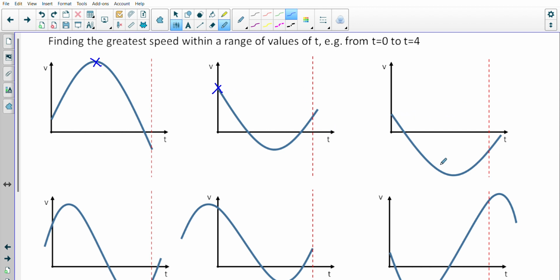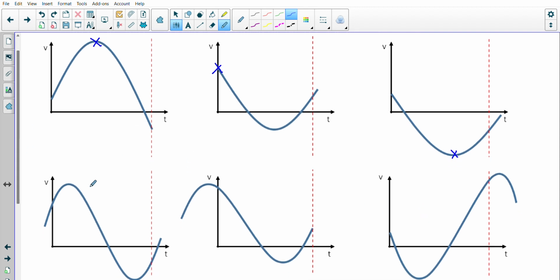For this one, t is 0 is there, t is 4 is there. So I'm thinking here will be where the greatest speed is. That is going to be the largest velocity, but it will be negative. But again, because we're finding the greatest speed, that will be the value of it.